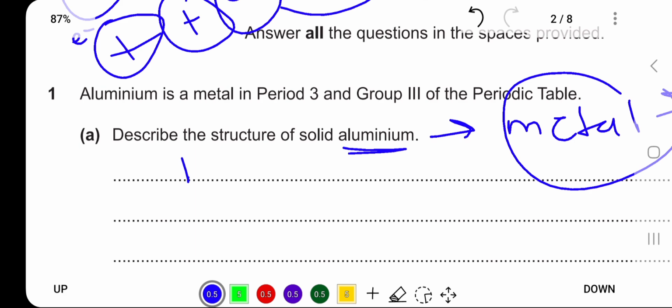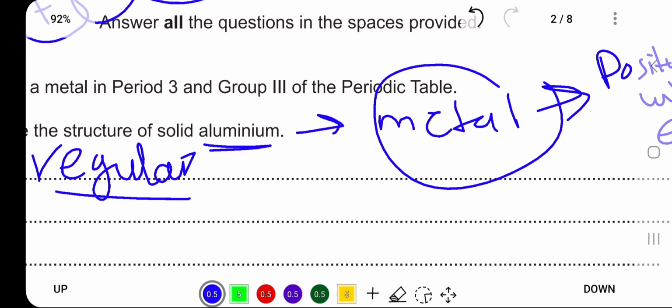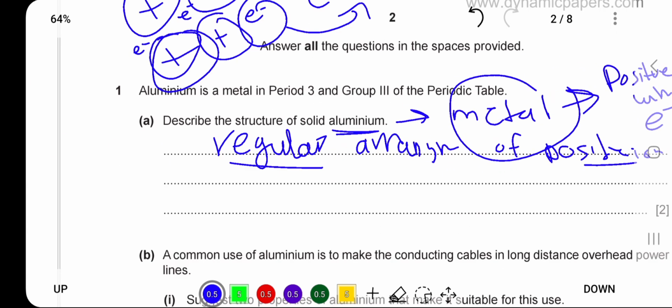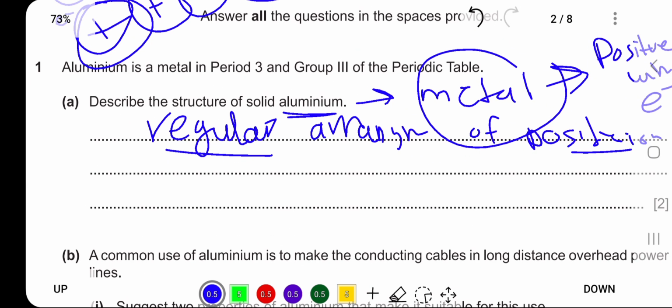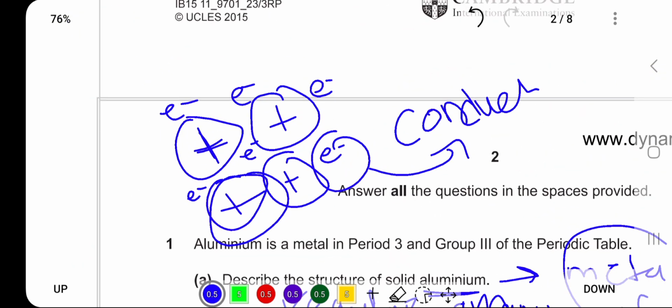You're going to say regular, which is actually very important, so I'd say you always write it: regular arrangement of positive ions, like this, surrounded by delocalized electrons, right?